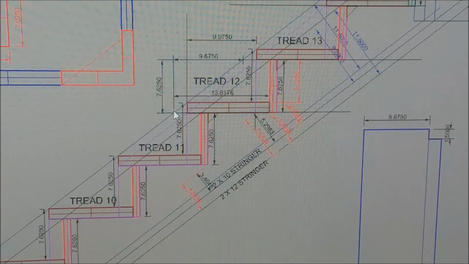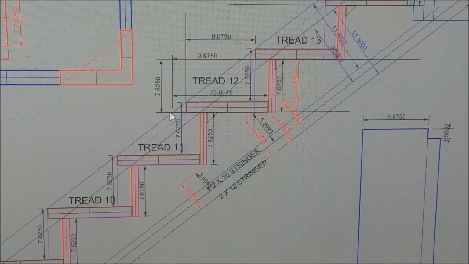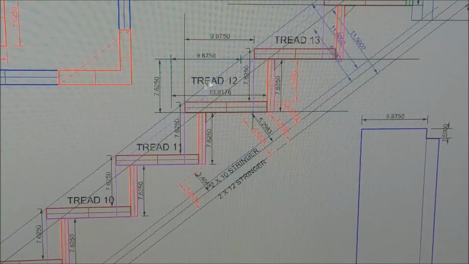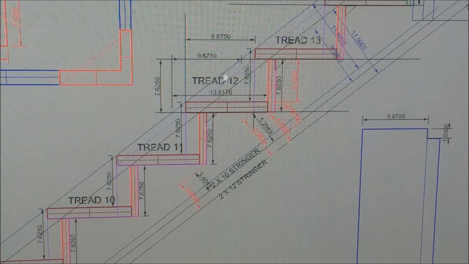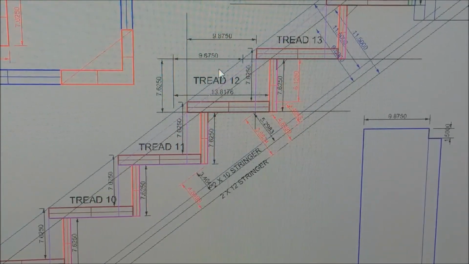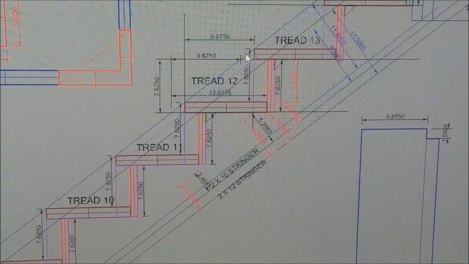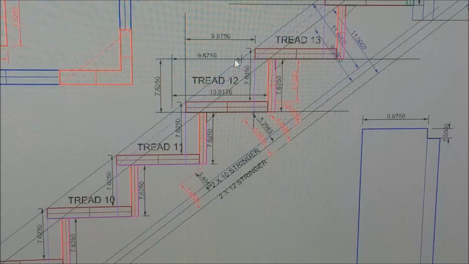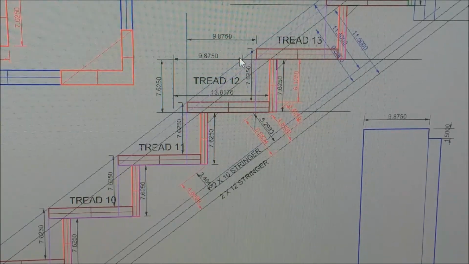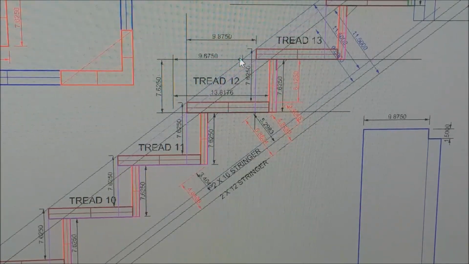If you go to where that one is on the first tread that you draw in, then you can step it off. This diagonal measurement times 1, times 2, times 3, out to times 13, and that'll give you this point for your square. These points along the front face of the stringer.